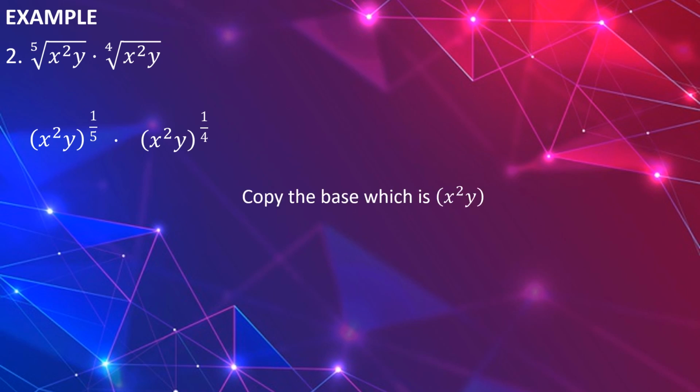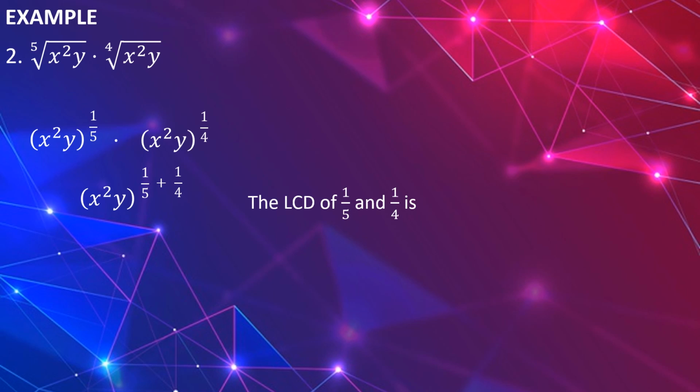So our next step is to apply the product rule. So we copy the base, which is the product of x squared y. Then we add the exponents. The LCD of 1/5 and 1/4 is 20. So 1/5 will now become 4/20, and 1/4 will become 5/20.